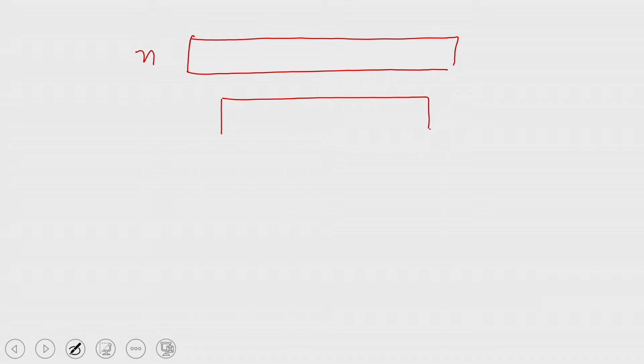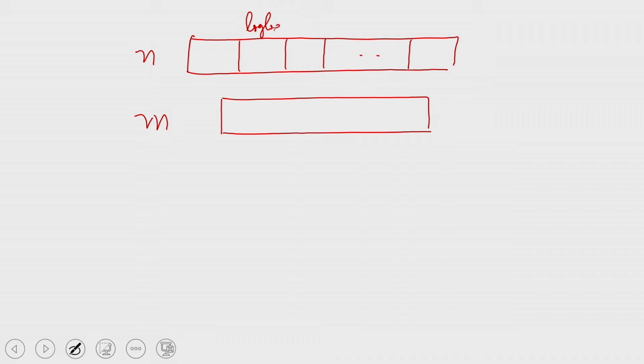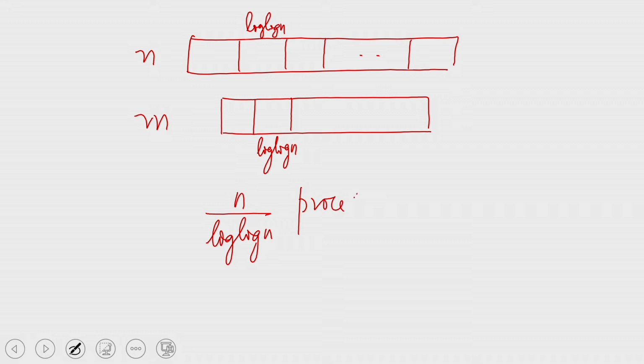Given two arrays of size n and m, we will divide the arrays into segments of size log log n each. Assume that we have n by log log n processors.